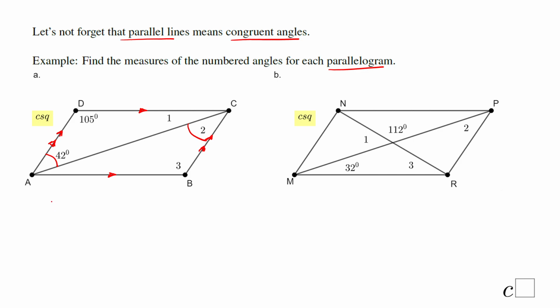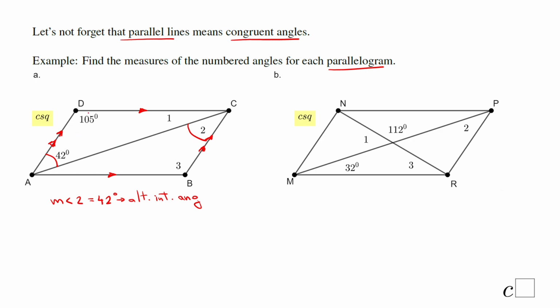So the measure of angle 2 will be 42 degrees. I'm going to put here alternate interior angles. Angle 2 and the angle that measures 42 degrees. So we finish with 2.